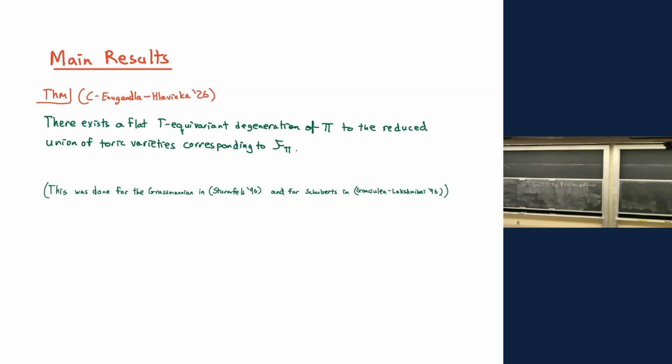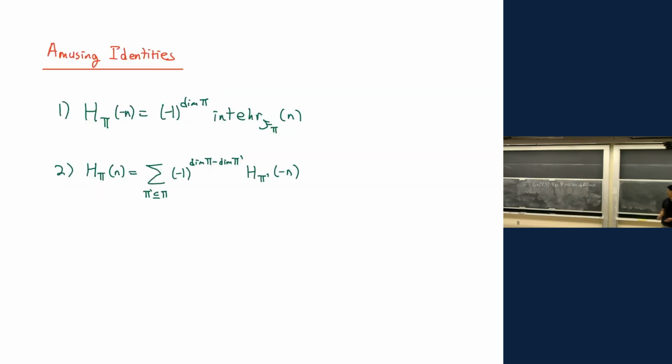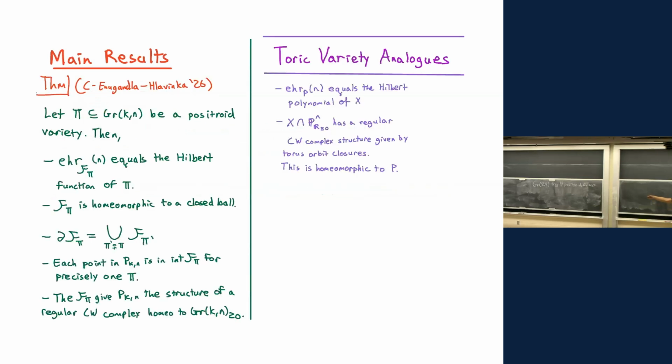And so this was done for the Grassmannian by Sturmfels, and then for Schubert varieties and flag varieties in general by Gonciulea and Lakshmibai. Before that, I wanted to say that the stratification theorem, the regular CW complex theorem, is not going to just follow from the toric degeneration. I think that's more special to our case.